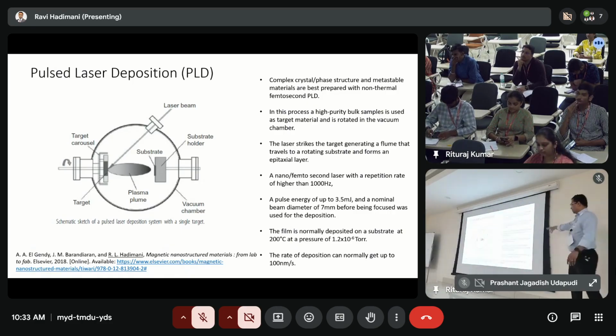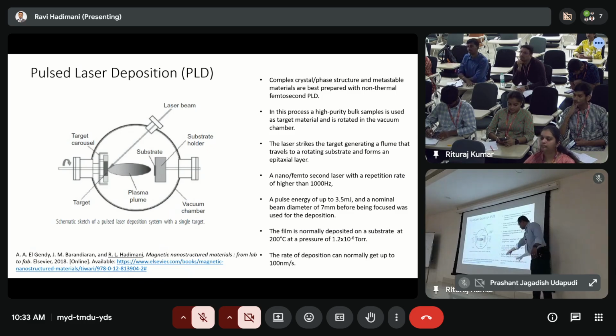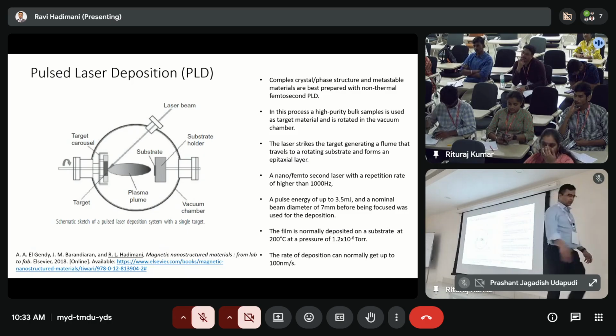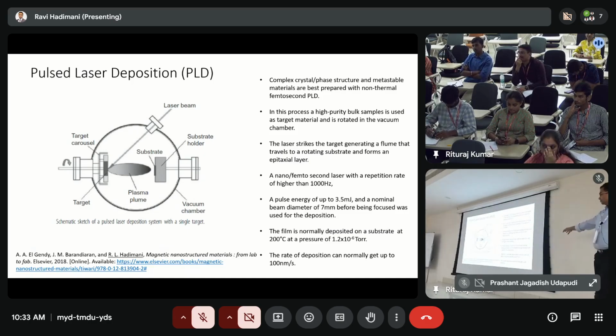So here are the parameters, 10 to the power 6 deposition. For nanosecond, you need a 200 degrees centigrade substrate, and you can also keep it at lower temperatures. I used PLD with a femtosecond laser, but femtosecond laser is an expensive, high energy laser.